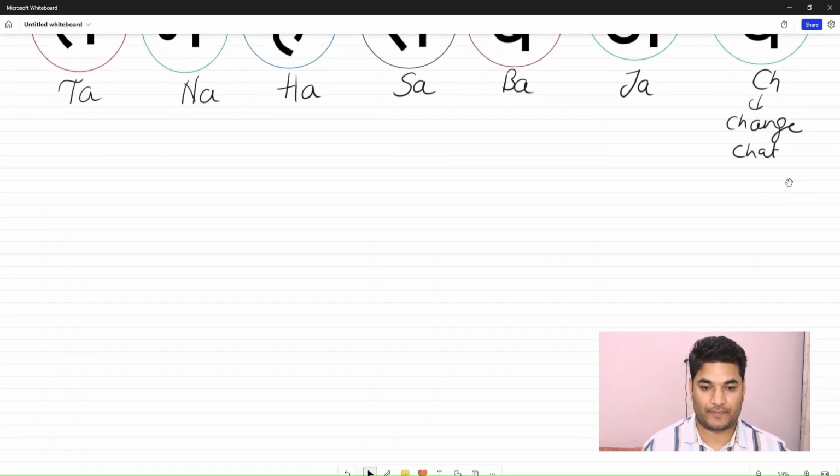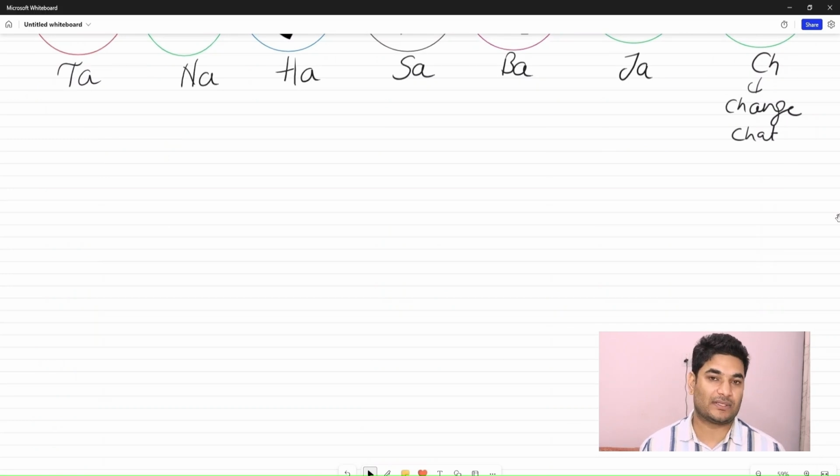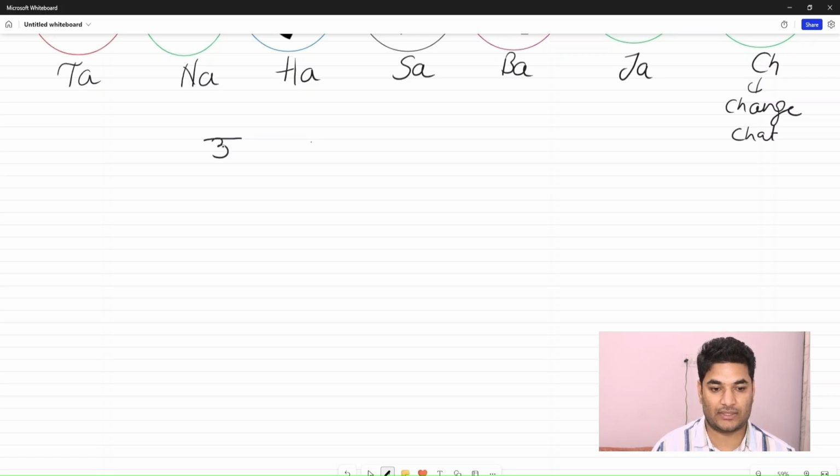Now, what's the difference between independent form or full form and matra form? We will see in this class. Let's draw first the first vowel of our class. The first vowel that we are going to learn is a.